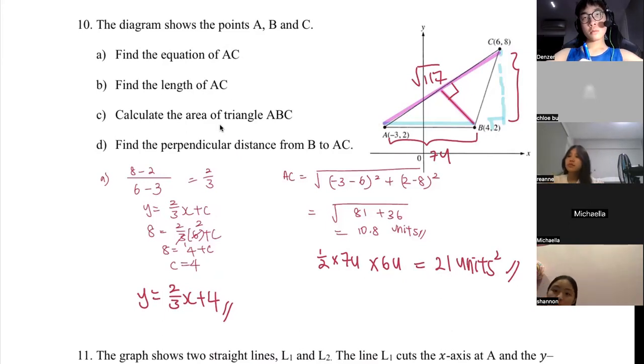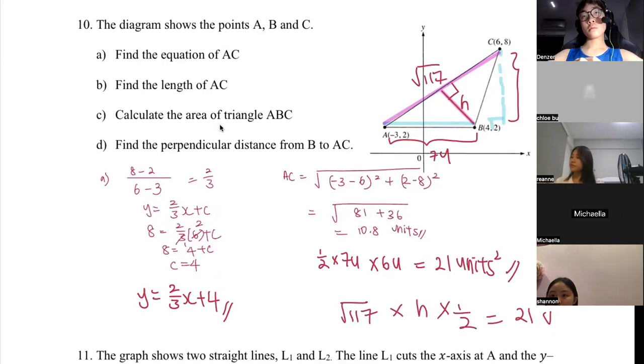All right, take note. So another pair is the pink color one, which is square root 117 times, I call it H, unknown, then times half. It also gives me 21 units square. So can you help me find the value of H?